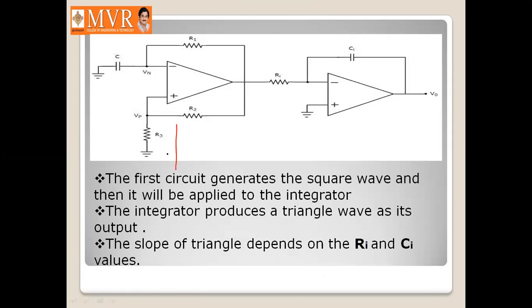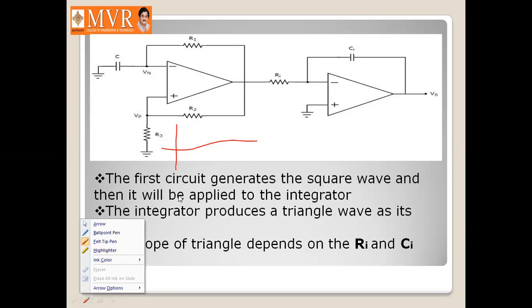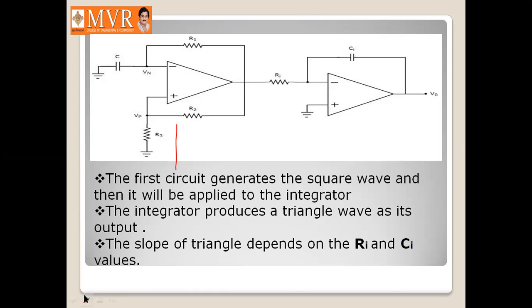So this is going to produce a square wave. This is the square wave produced by our first operational amplifier.